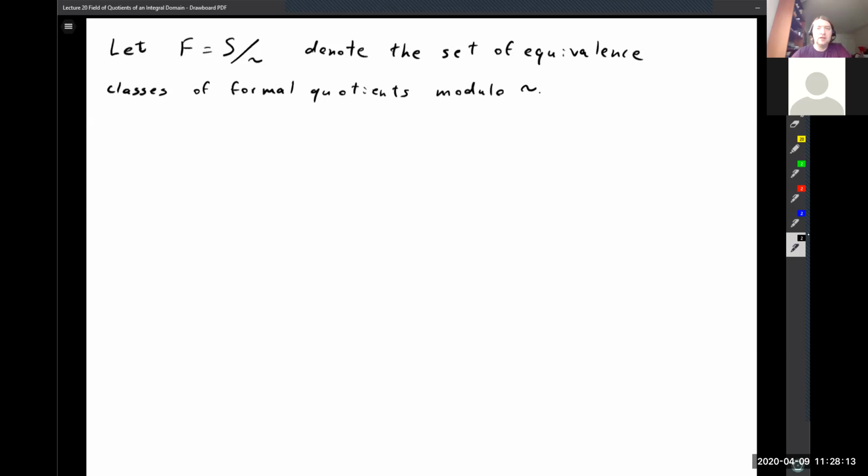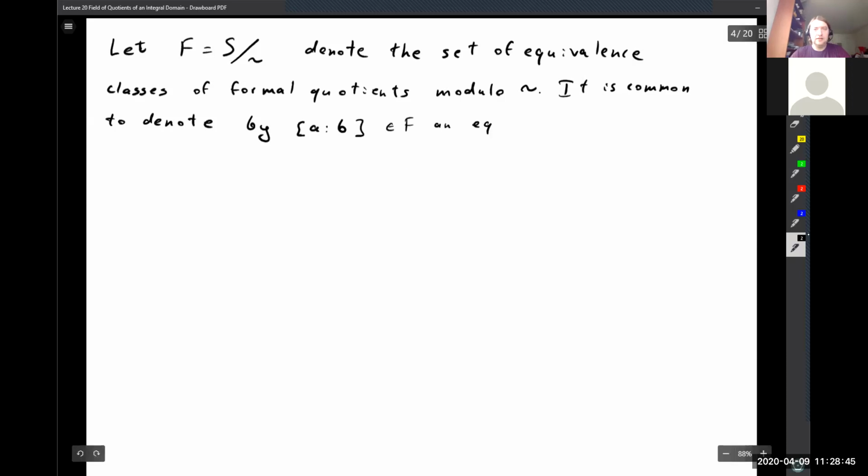Well, it is common to denote by square brackets A semicolon B an equivalence class, the class of the formal quotient A, B in S. And we will use this notation.